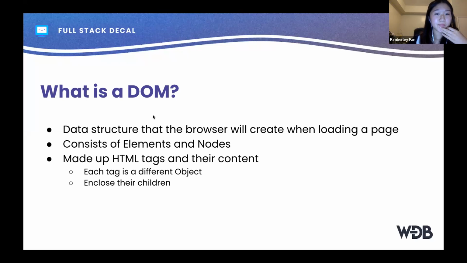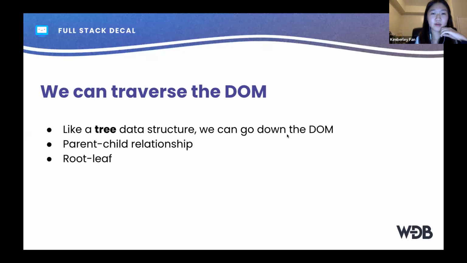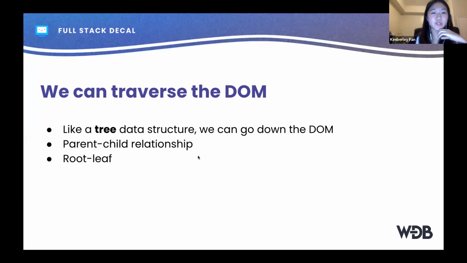Let's go back. So it's a data structure that the browser will create upon loading a page. It consists of elements and nodes, and it's made up of HTML tags and their content. Each tag is a different object, and it has all their children, as I mentioned before. So this is an idea of how HTML looks, and each of these elements would be an individual node on your DOM tree structure.